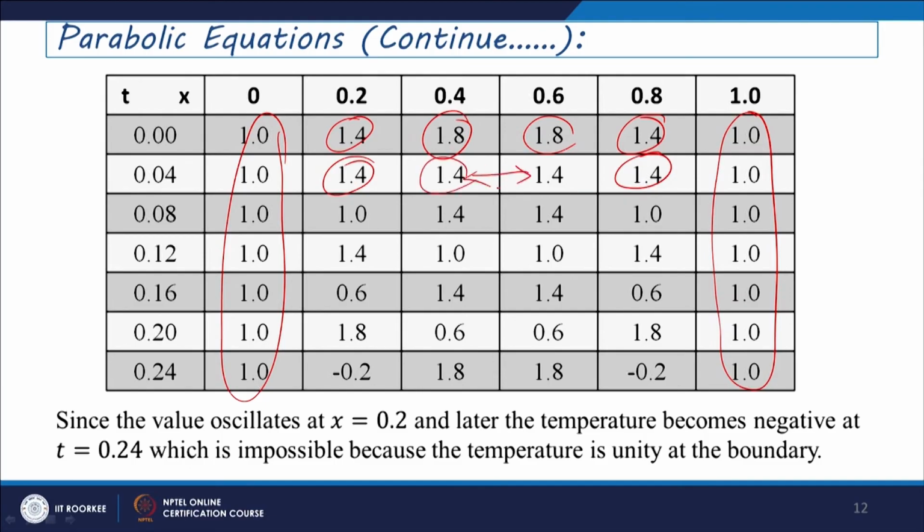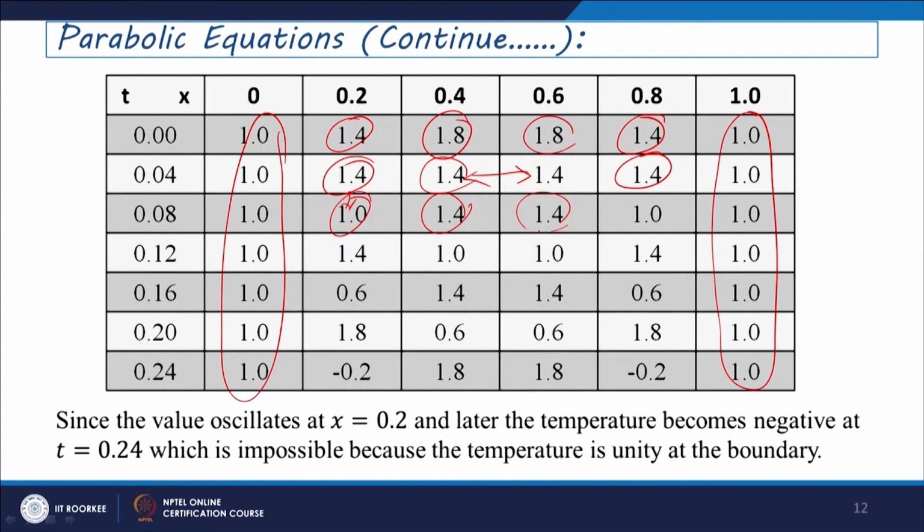But if we proceed further, you can find that there is an oscillation occurring here. This means that it comes decreasing down again, 1.0 it comes, this satisfies the boundary condition again, and 1.4 we get along the 0.6 also, due to symmetricity. This means that the temperature at the beginning starts at 1.0, suddenly increases close to the boundaries, then decreases there.